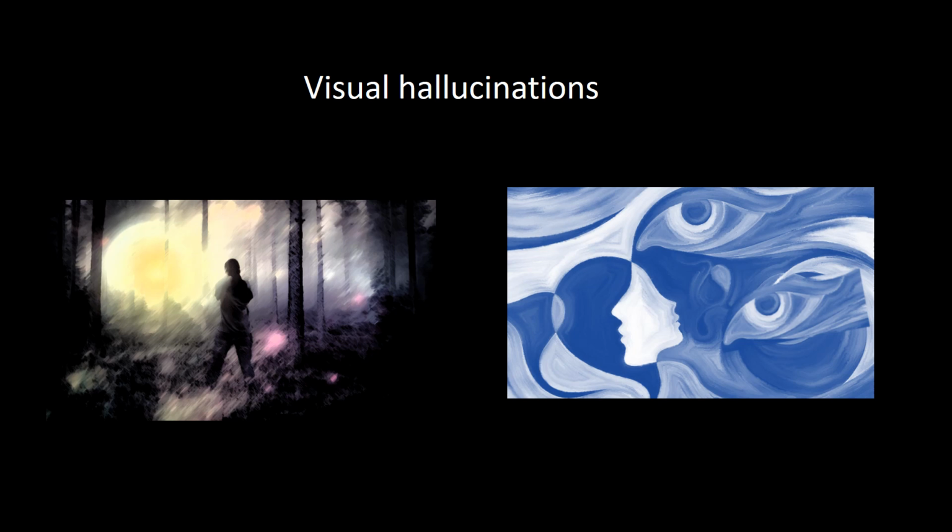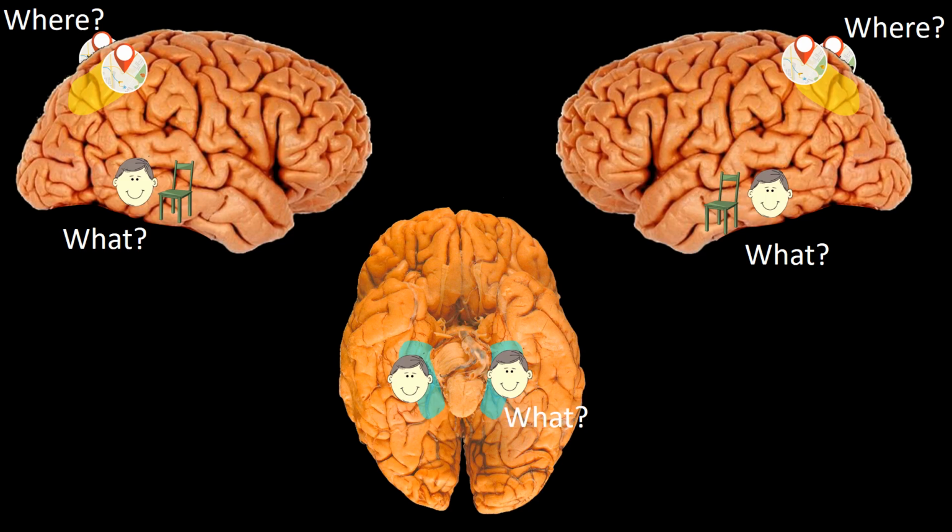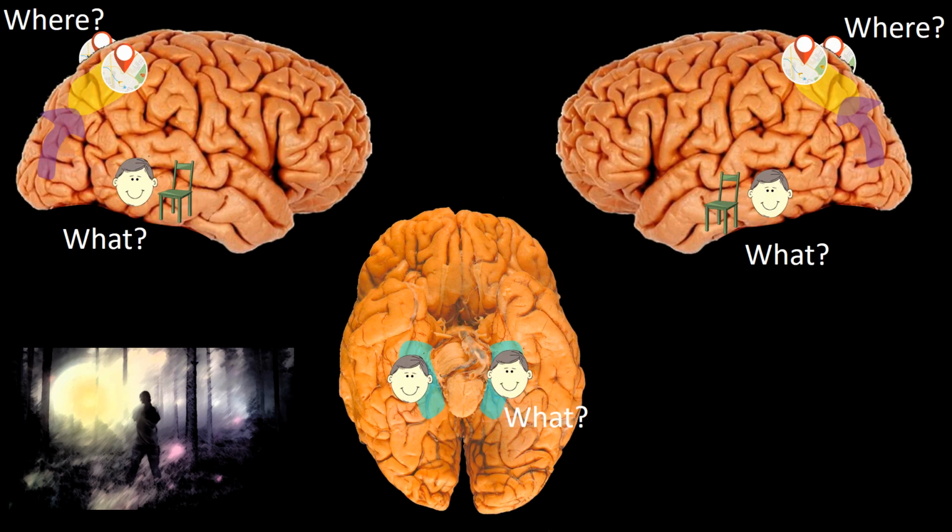I will now make some comments about visual hallucination. Visual hallucinations result from involvement of the visual association cortical areas represented here. Patients with visual hallucination related to places probably have involvement of the dorsal or where pathway in the parieto-occipital cortex.